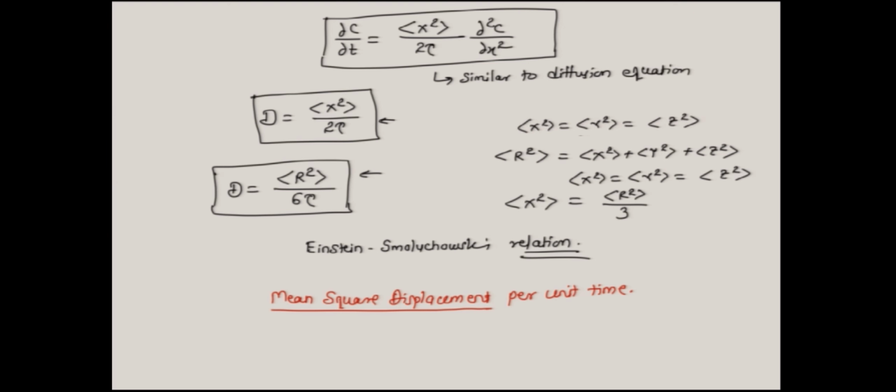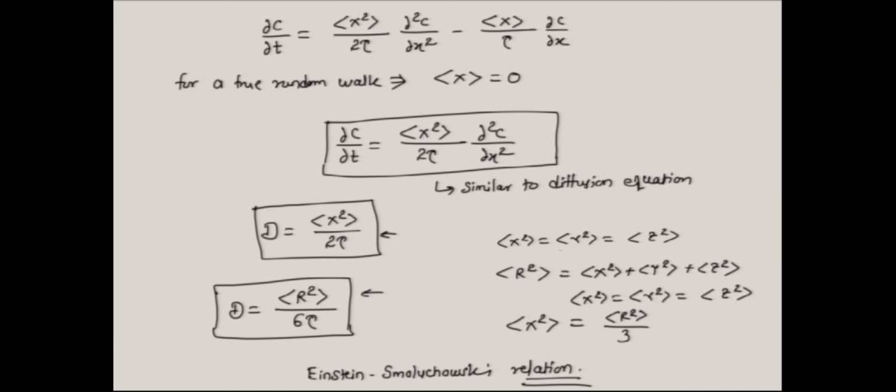Now, remember, when we defined this function phi of x tau, we made an assumption while deriving this equation, and the assumption was that the function phi is independent of small x and small t.